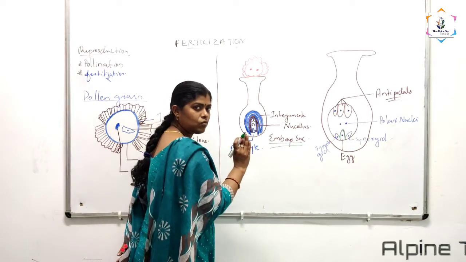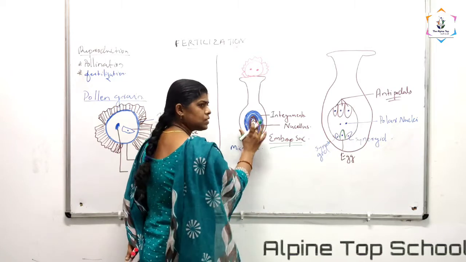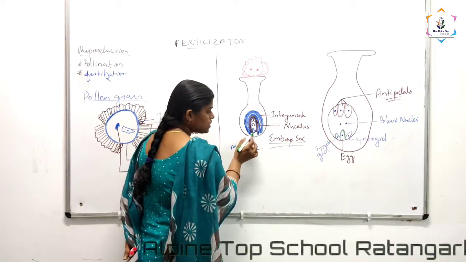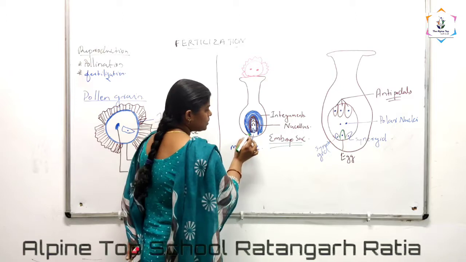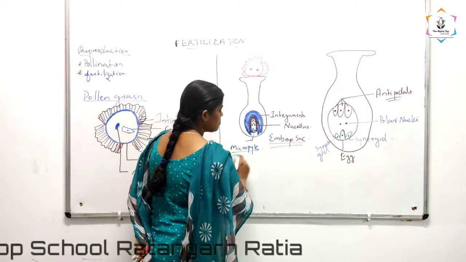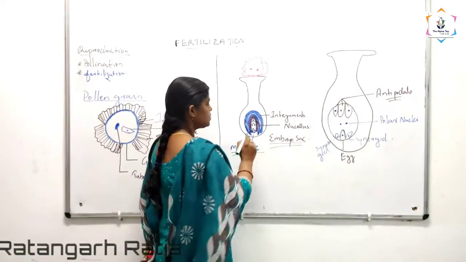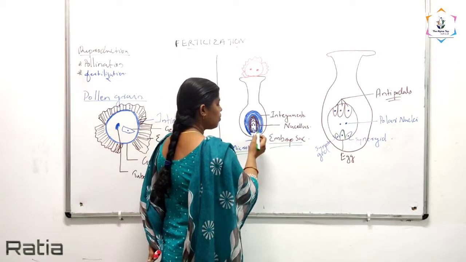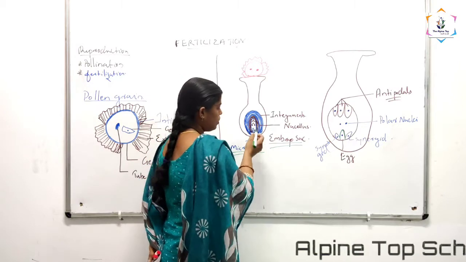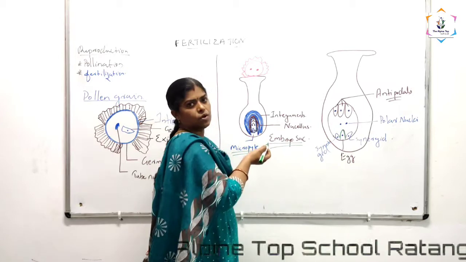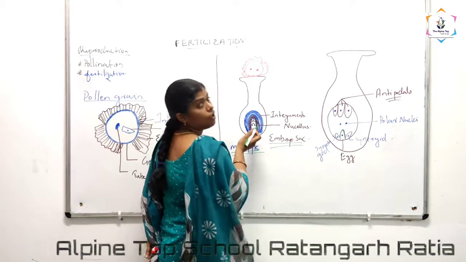Integument means what? That is the covering of the ovule. So without the integument, one portion is here, and this opening is known as the micropyle. Okay, so without integument or the opening of the integument, that is known as what? Micropyle. There is an opening to the ovule.